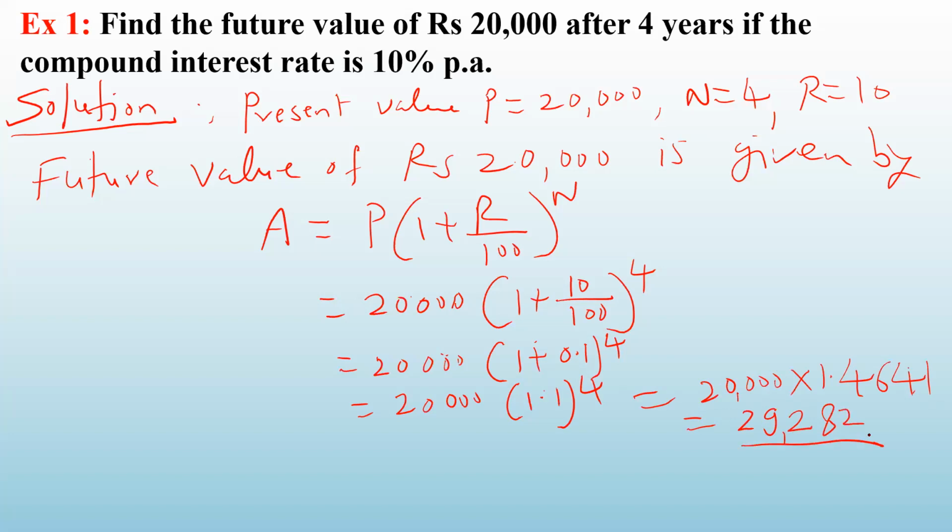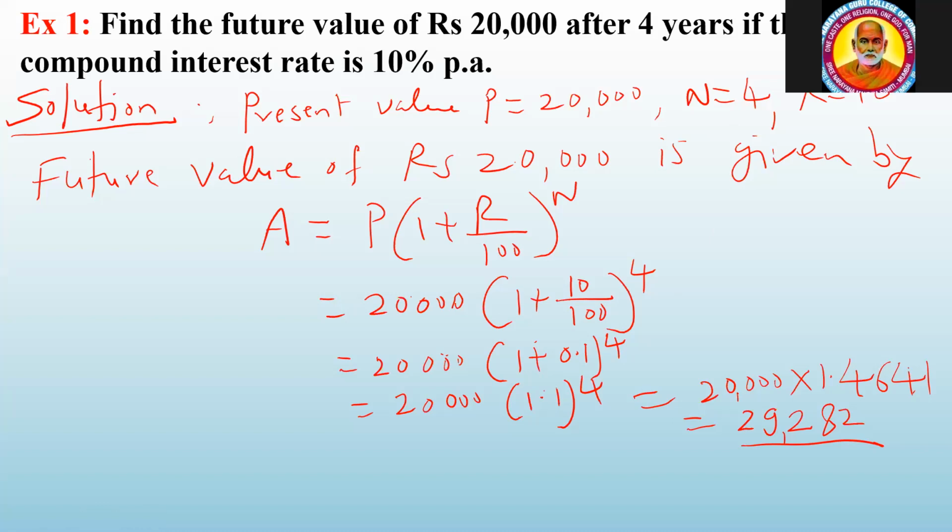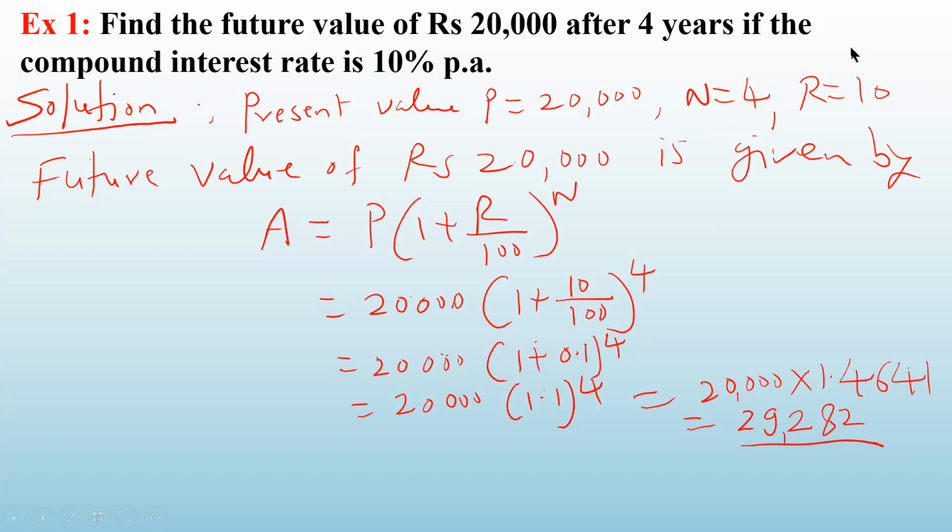So the future value of 20,000 is 29,282 after 4 years. You can see here that the future value is more than the present value.